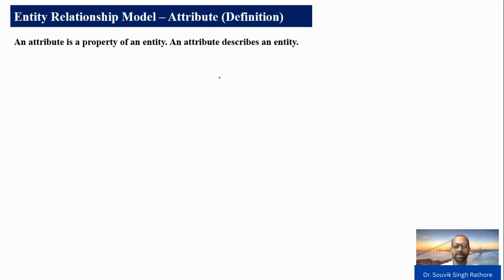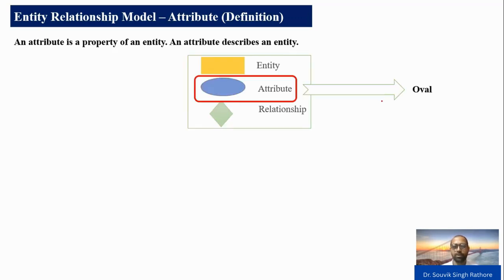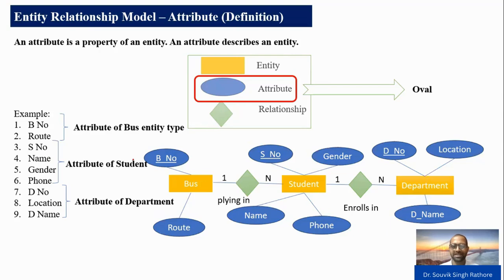In an ER diagram, an attribute is represented using an oval. Let's see an ER diagram showcasing the bus entity type, student entity type, and department entity type. So here the bus number and the route describe the entity type bus.